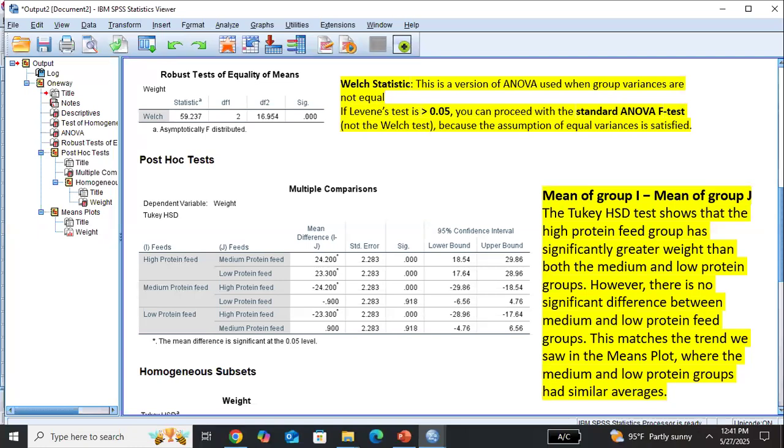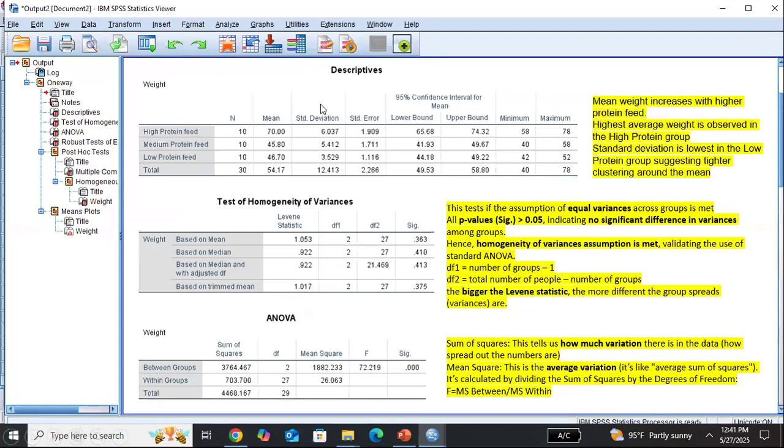Okay. One more important thing is the Welch test. If, for example, as you see here in the slide, in the test of homogeneity of variances you had less than 0.05, so statistically significant results, it means variances are not equal among the groups.